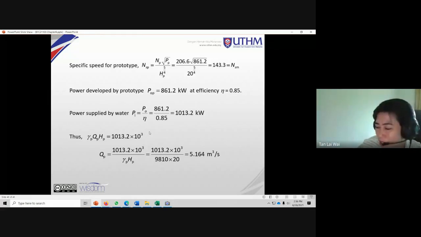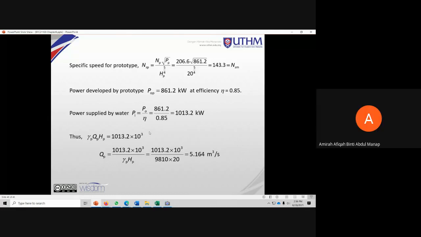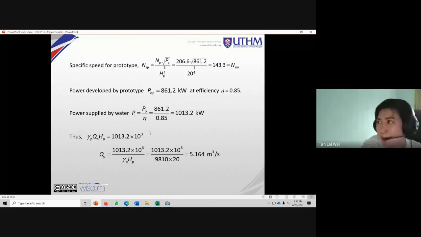My question would be, for pump, what is the input power? Mechanical or the water? Mechanical. Okay, correct. Output is? Yes, correct, because it supplies energy to the flow. Thank you. So turbine is the other way around.